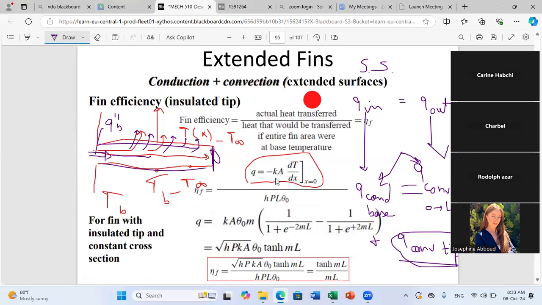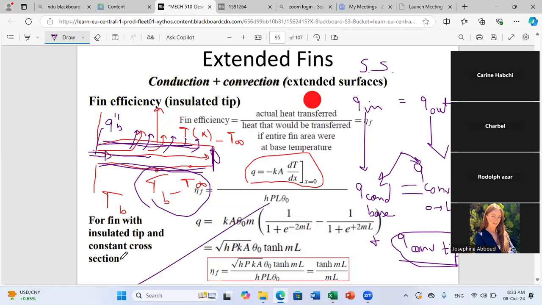And as we said, what is the maximum possible transfer? The maximum possible transfer is if I have the total lateral area of my fin at T base, because this will lead to the maximum temperature difference. Maximum temperature difference means maximum convection. So how do I calculate this?